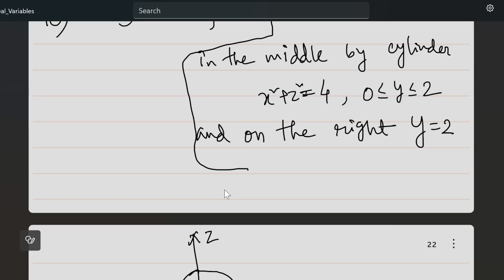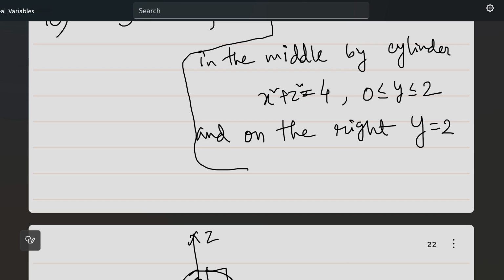You have to visualize this thing. And one cylinder. Cylinder means it is not ending, going on, but y varies from 0 to 2, so it has ends. And on the right, the plane y equal to 2, which is parallel to the xz plane.